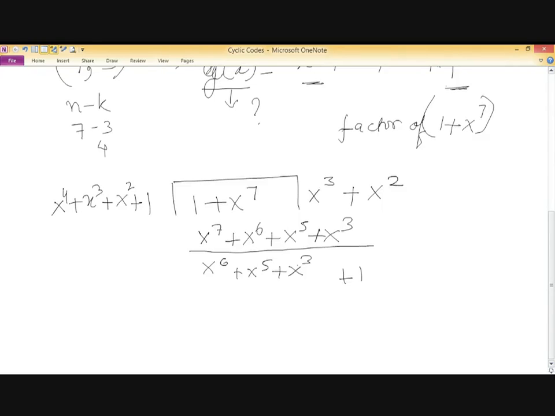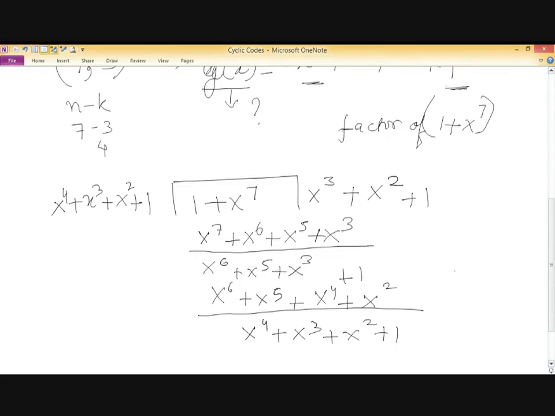Then again multiplying by x square, that means x6 plus x5 plus x4 plus x square. Then x6 and x5 cancel. So lastly I will be getting x4 plus x cube plus x square plus 1. Then plus 1, and I will be getting the last part, x4 plus x cube plus x square plus 1. So the remainder is 0.